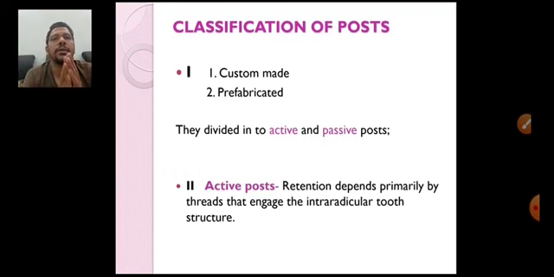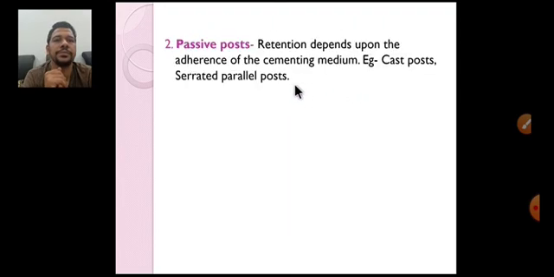That is called passive. Here, retention depends upon the adherence of the cementing medium. In such cases, as the hole is 5 millimeter in diameter and your nail is 4 millimeter in diameter, there is a difference in size, so the nail goes inside and you can retrieve it very easily. In such cases, you can use a glue. If you use glue on the nail and insert it, when the adhesive sets, it will be difficult to retrieve it.